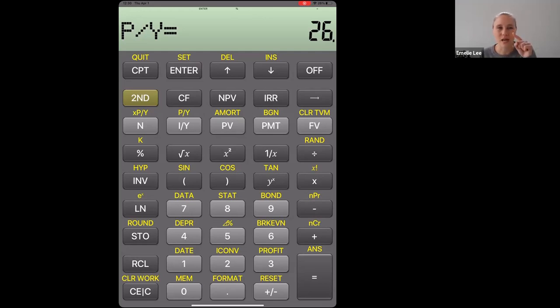And then you can use the down button to scroll down to the compoundings per year, which will automatically adjust to be the same as the payments per year. But now we don't want that. We want quarterly compounding, so 4, enter, otherwise it doesn't save it. Now what I want you to do is scroll back up to the payments per year and just make sure it's 26 and that the compoundings per year is still 4, right?